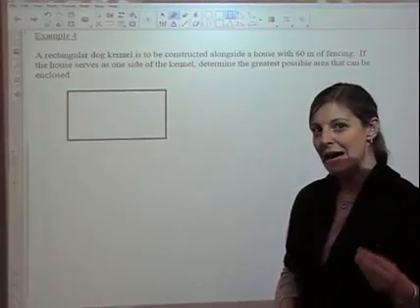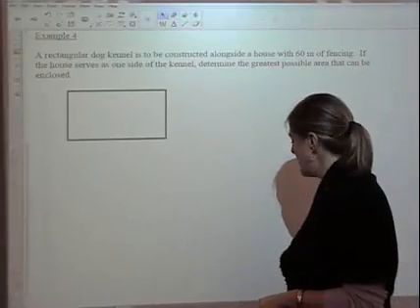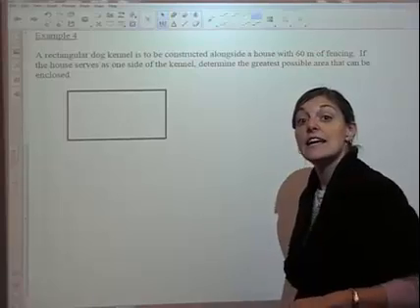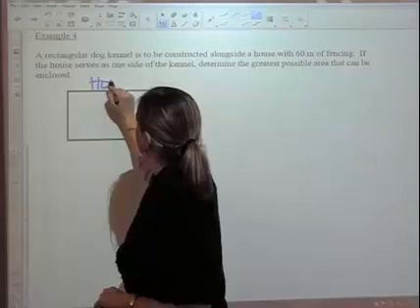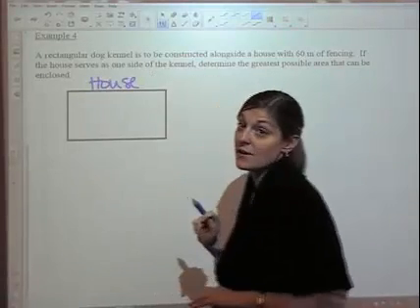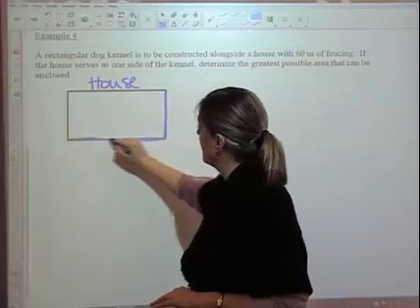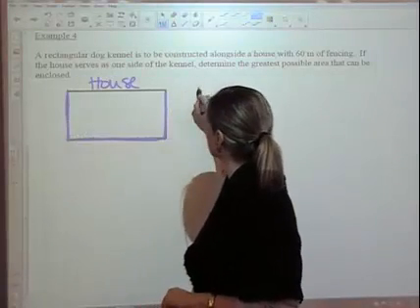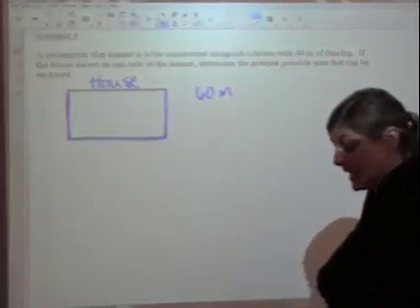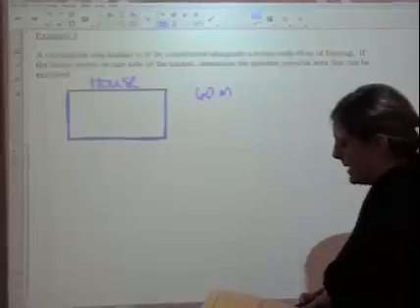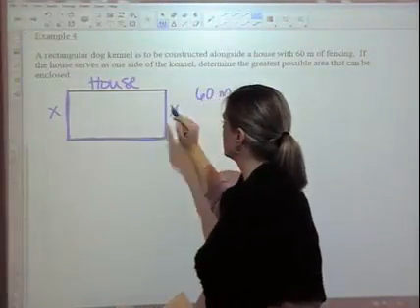Well, to maximize that fencing, we probably want to make sure that the house is on one of the longer sides of the rectangle. So let's say the house serves as that side. So these 3 sides are going to be using that 60 meters of fencing, and then the house will serve as the other side. So let's say that the width is x, okay?